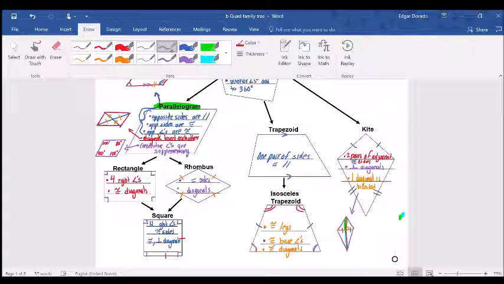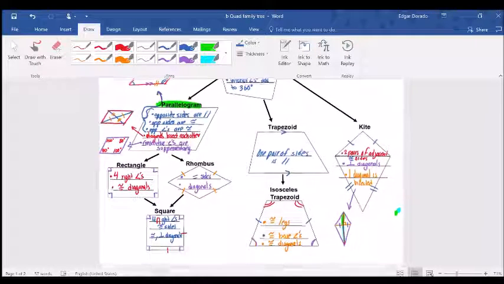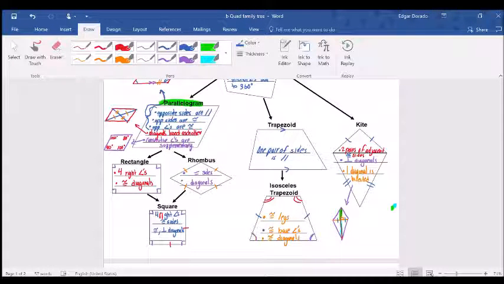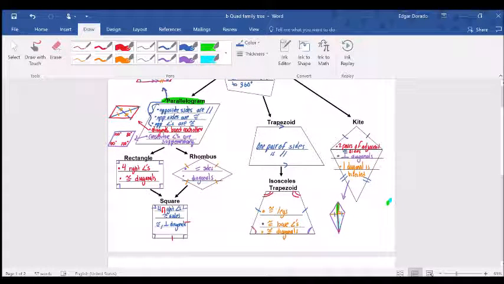And I don't know why I erased that. Okay, but it also holds all the stuff above it. Okay, it also holds all the qualities of rectangles, all the qualities of rhombuses, all the qualities of parallelograms, all the qualities of a regular quadrilateral. Okay, so it kind of works upwards, guys. Okay, but these are all of the traits that you will be encountering in this unit 6 on quadrilaterals.